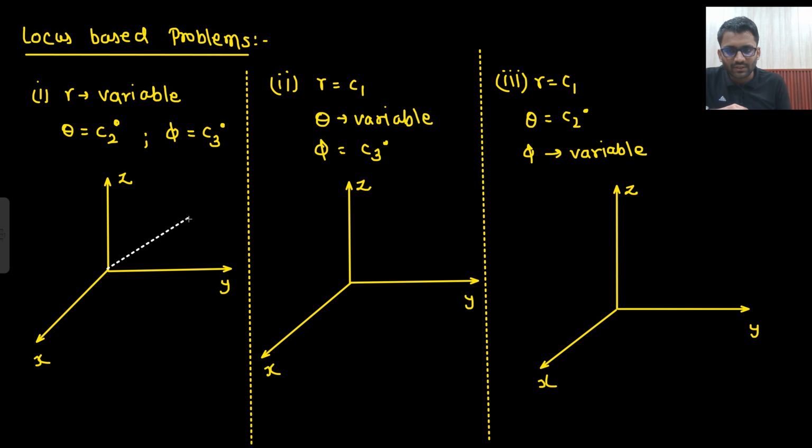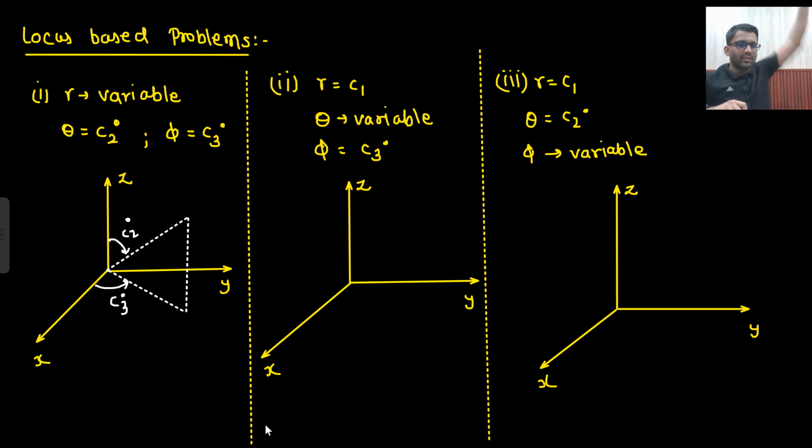This angle is fixed. This angle is fixed. That is C2 degree. Now this is also fixed, whatever the projection you take, how much angle it will make. This angle is also fixed. That is C3 degree.